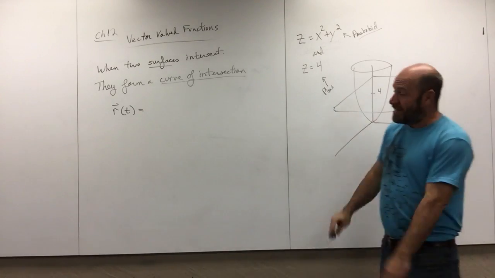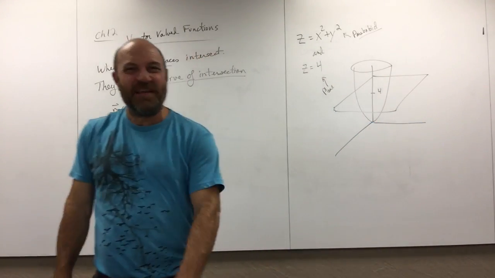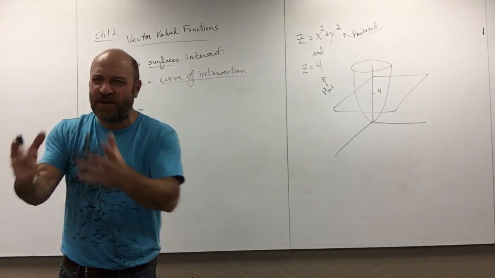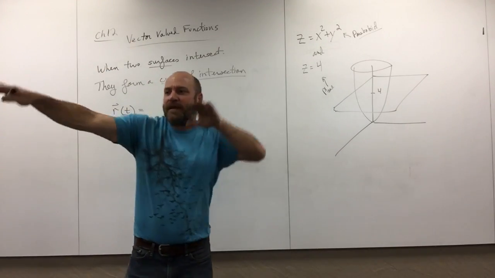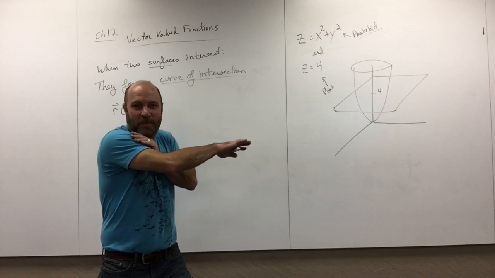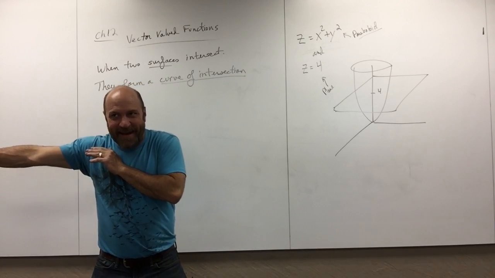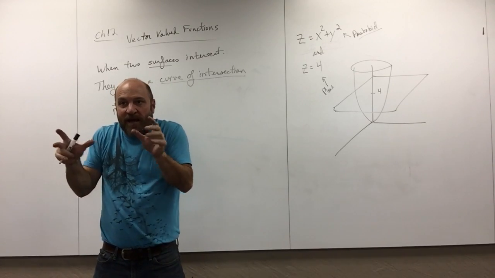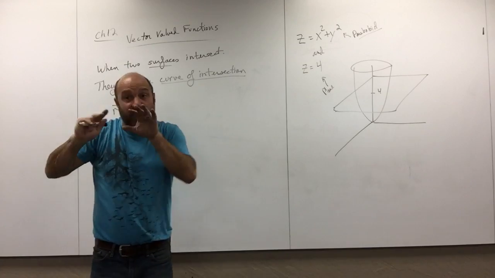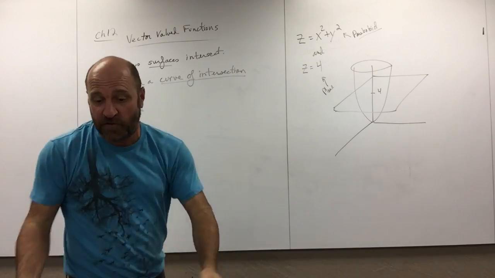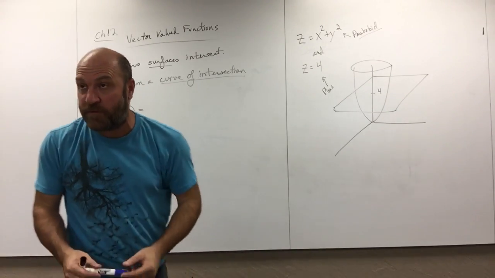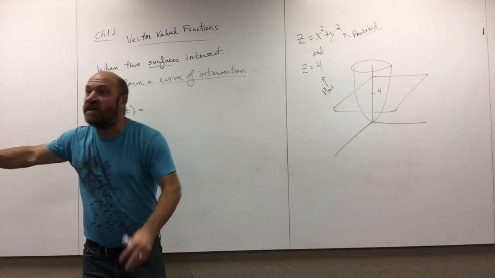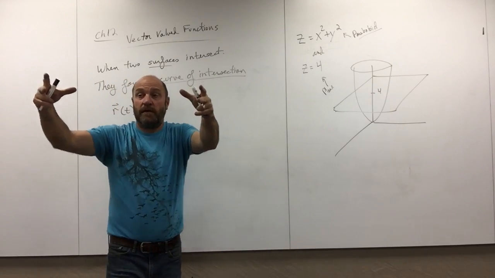All right, what I'm interested in, though, is where do these two surfaces intersect? So you can imagine it. It's the paraboloid and then the plane. I'm not forming a solid. I just want to know when the two surfaces touch. Can you describe that to me? Do you know where that would be? When z equals 4 touches the paraboloid.